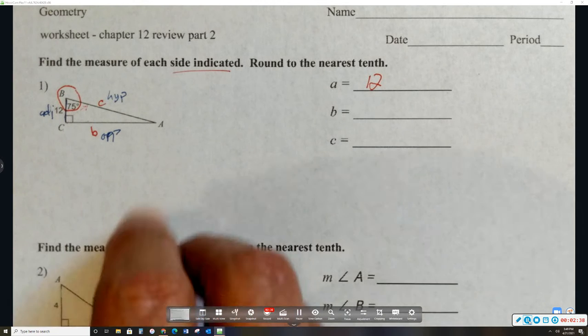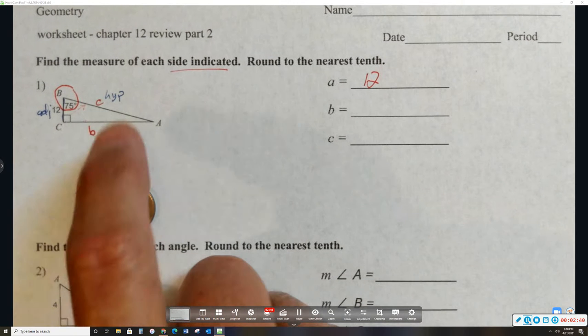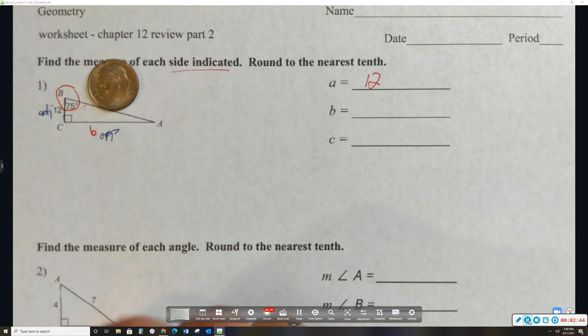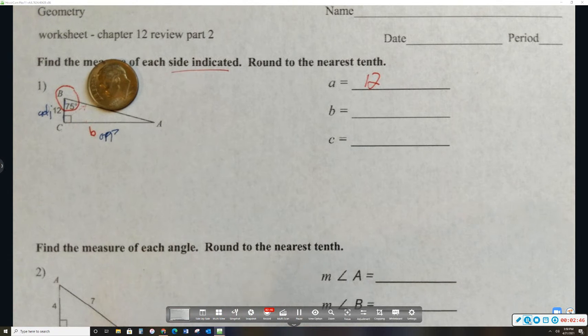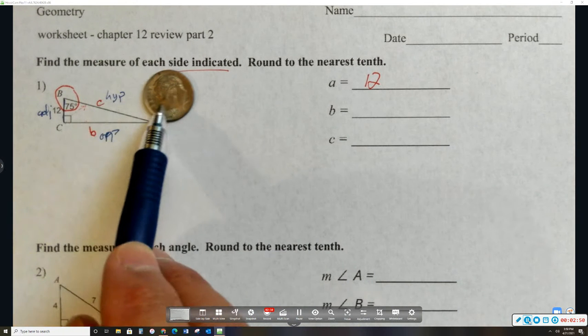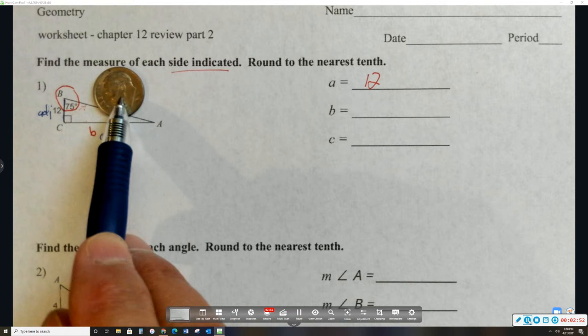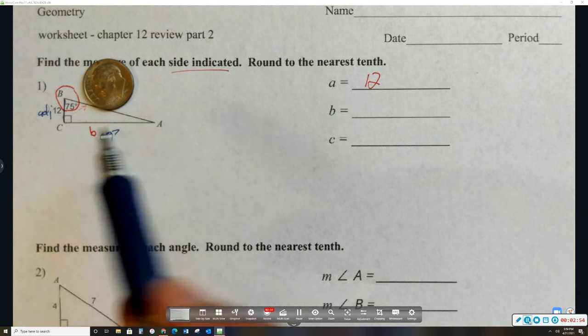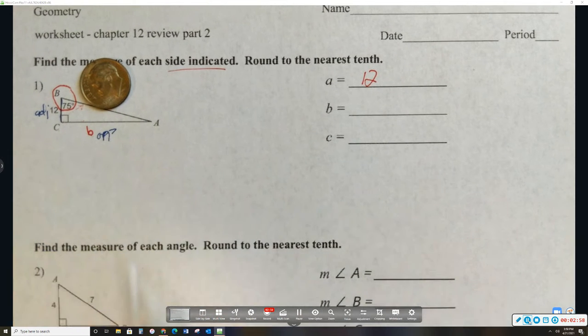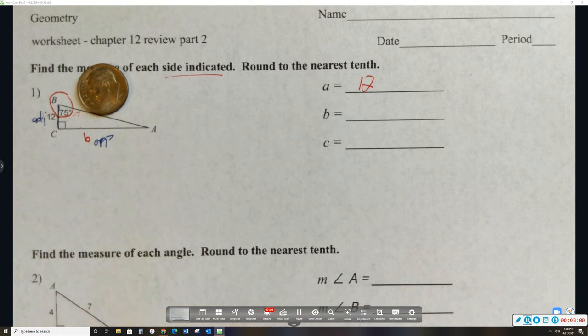Okay, and between B and C, let's solve B first. If we solve for B first, I'm going to cover up C because I don't need that information right now. We're left with B being the opposite side and 12 being the adjacent side.